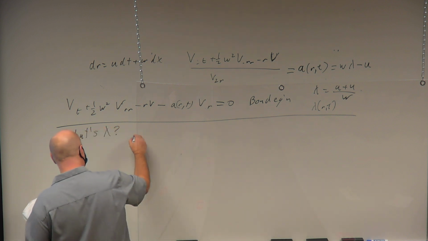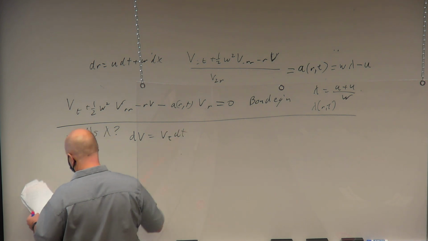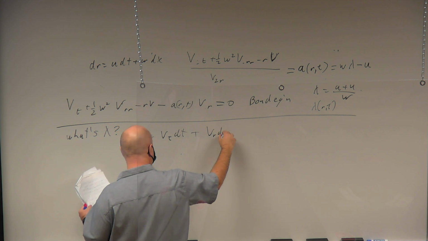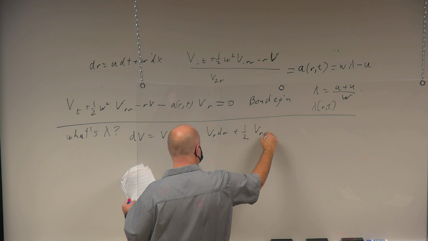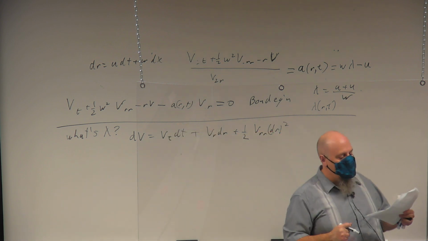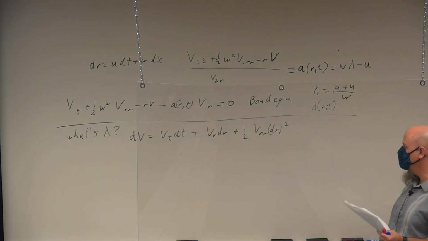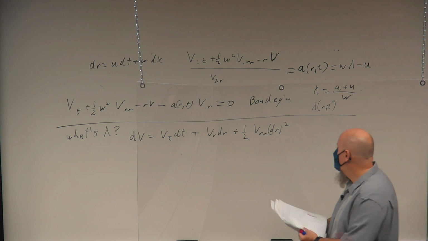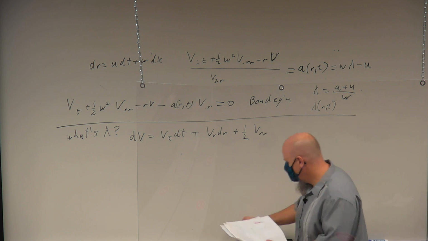So say I own a bond, and the change in the value of my bond that I own is given by this second order expansion. I'm going to do Ito's lemma again. We're going to replace, like we did before, dr squared with w squared dt.